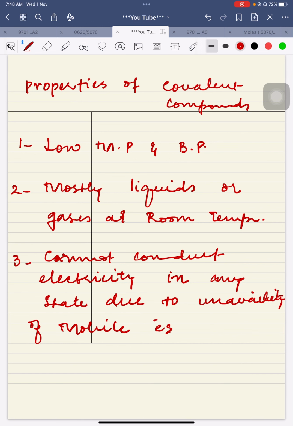Why can covalently bonded structures never conduct electricity? Because there are no mobile electrons, so they cannot conduct electricity at all. This is how we discuss the properties of the covalently bonded structures.